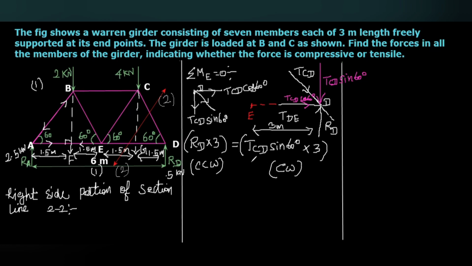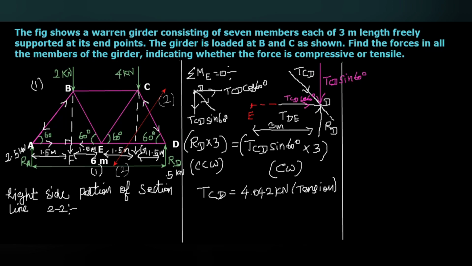Here we know the value of RD, so from this we can get the value of TCD, which equals 4.042 kilonewtons. And here the TCD is acting inward to the point D. In the same way it will be inward to the point C also. So this tends to pull the member CD, so this will be tensile in nature.